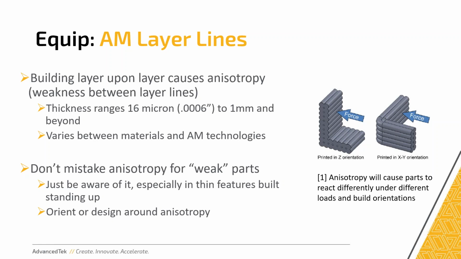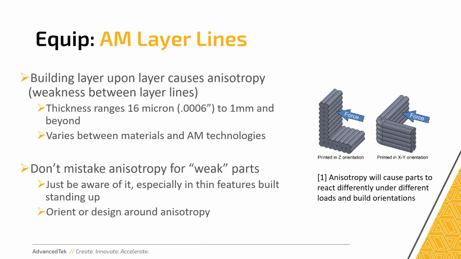And generally, we're building with between 0.5 thousandth and a millimeter. For most technologies, you can go thicker or thinner, and that'll depend. But the key point I want to make here is don't mistake the anisotropy of additive manufacturing for weak parts.